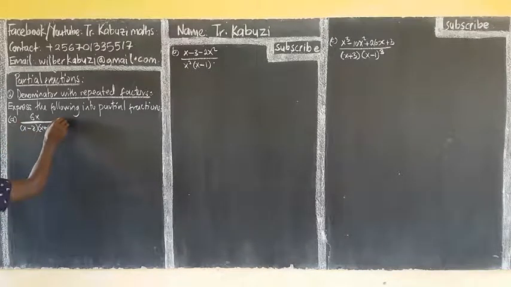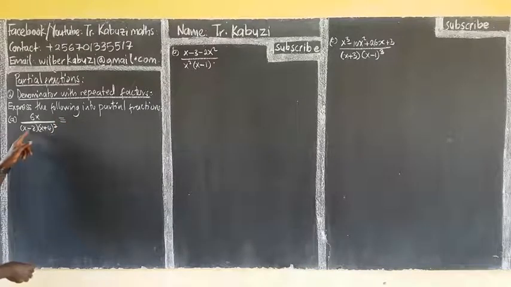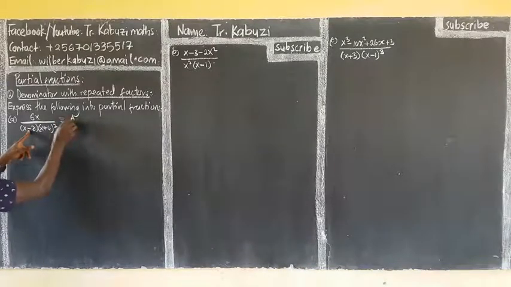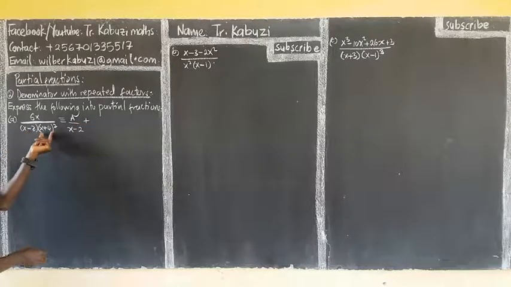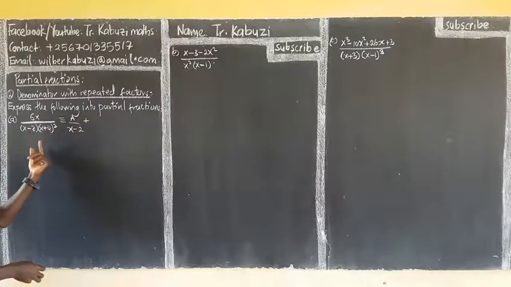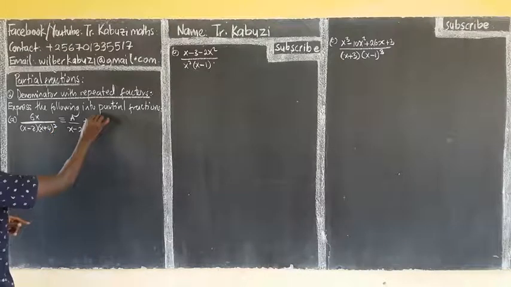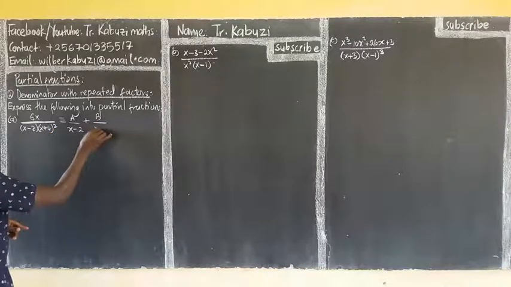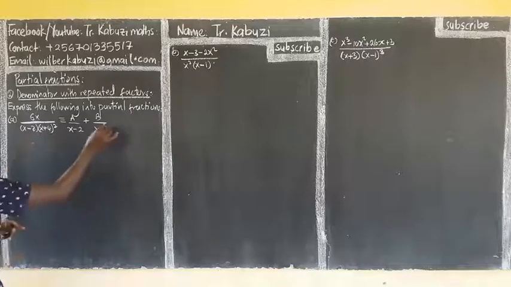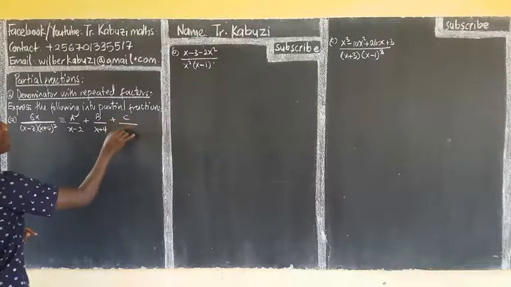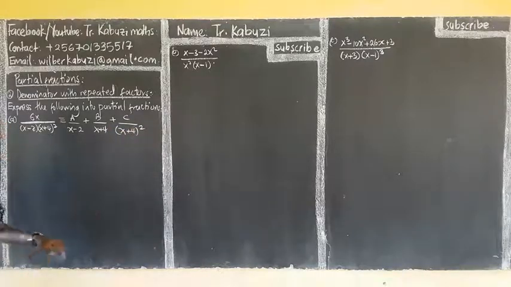So we let this one, which is linear, be a over x minus 2, then plus. For this one, we go from the smallest power, power 1. So it's going to be b over x plus 4, then plus c over (x plus 4) the whole squared.